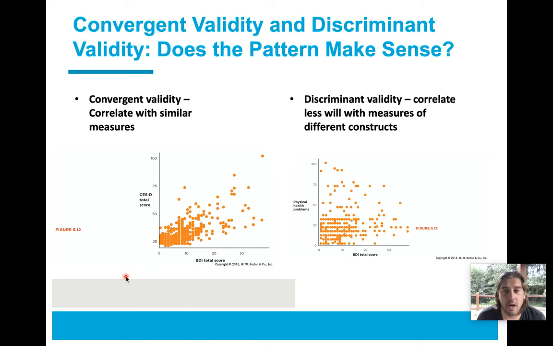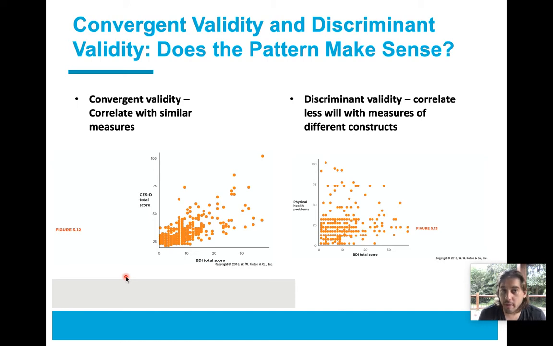Our next two issues in validity are sort of, you can think of them as the flip side of the same coin, so we're going to talk about them together. Convergent and discriminant validity. So convergent validity is the idea that if your measurement is a good measurement of some phenomena, it should converge, it should correlate with other good measures of the phenomena.